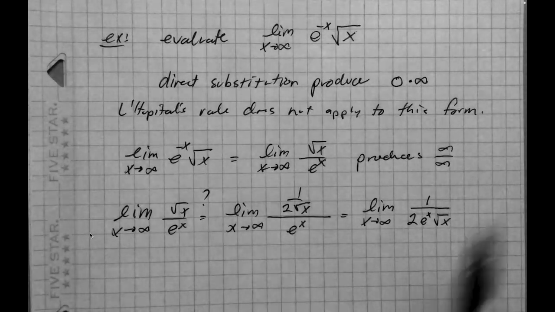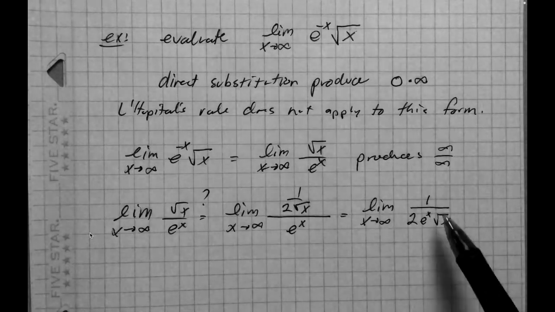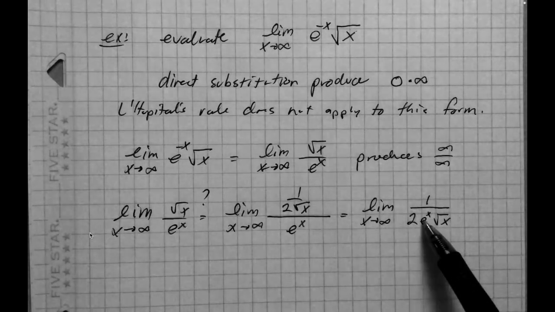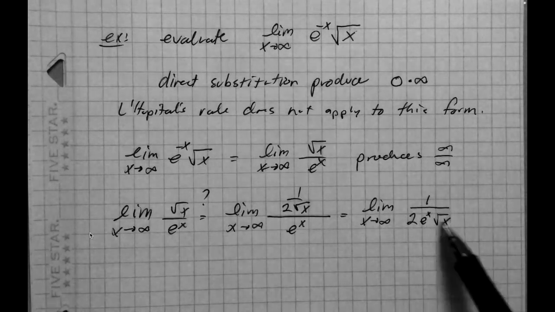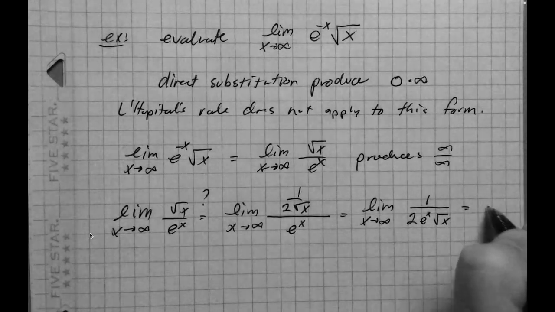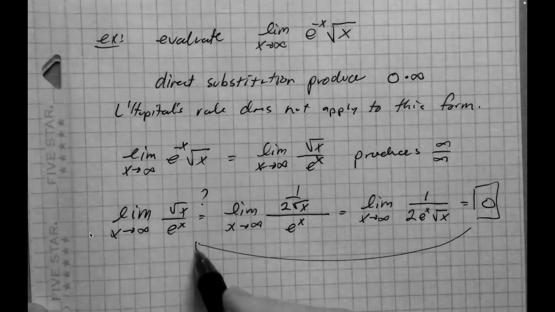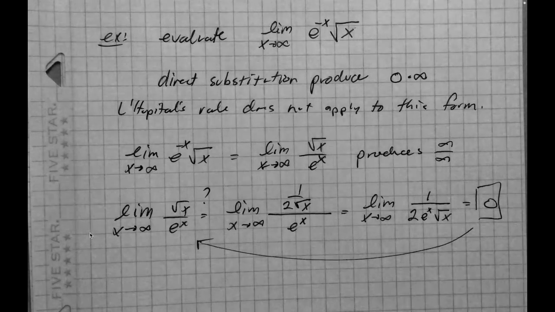So e to the x is going to blow up, square root of x is also going to blow up, so the denominator increases without bound, and so this is going to be 0, and that means the limit is equal to 0 as well.